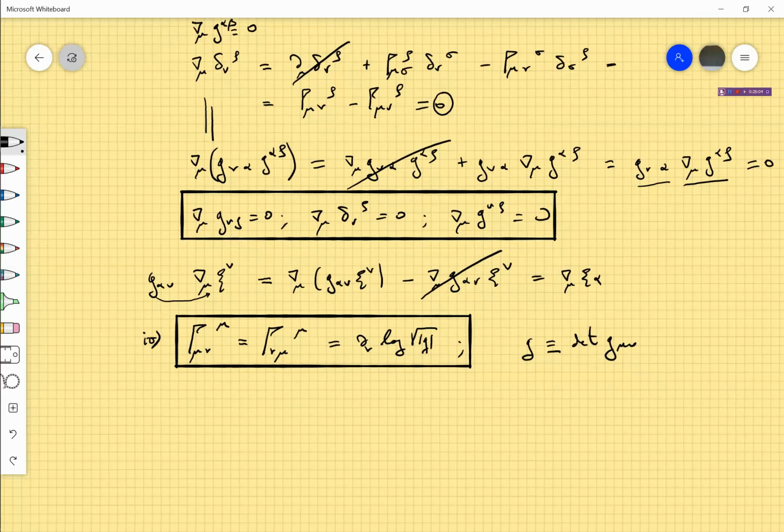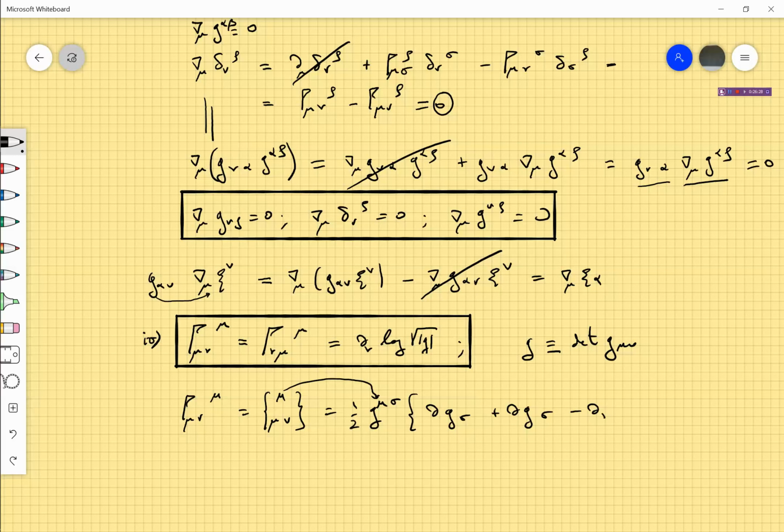We can compute this, and by definition it is this contraction of the Christoffel symbols. Now, in the inverse metric, this index comes here. Remember that these two have sigma there, and then this, and then the lower indices come here, in symmetric form.